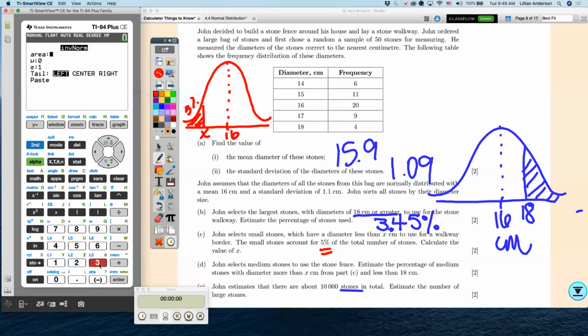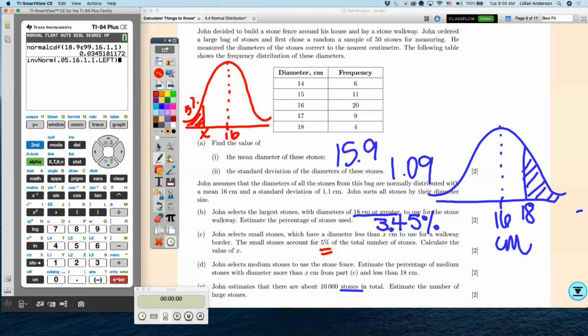Area is 5%. Do I type in 5? 0.05. I type in 0.05. You have to type in the probability. Mean is 16, standard deviation is 1.1. If your calculator does have the option of left, center, or right, you can change it depending on the shading. For CDF, it doesn't work that way; you type in the bounds, so that indicates whether it's the left, right, or center.